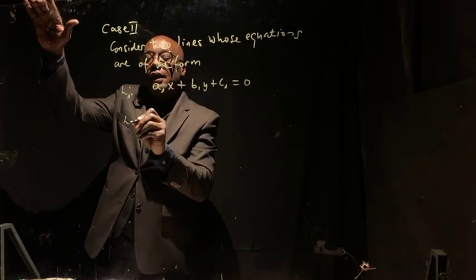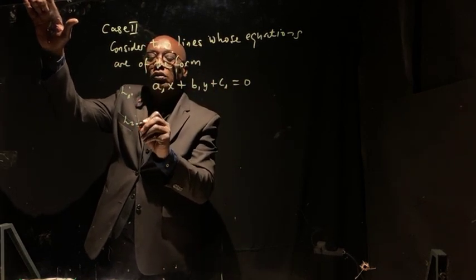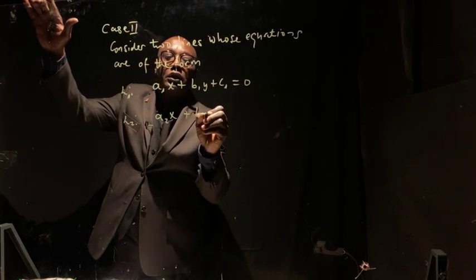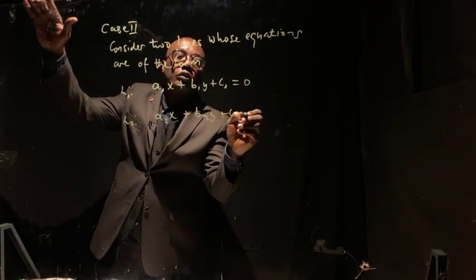And the second line is L2, whose equation is a2x plus b2y plus c2 equals 0.